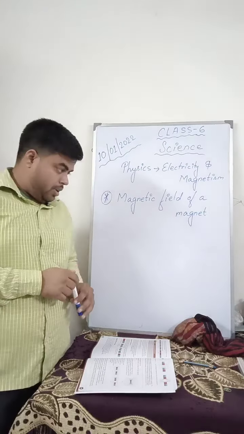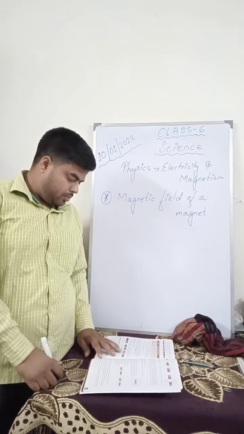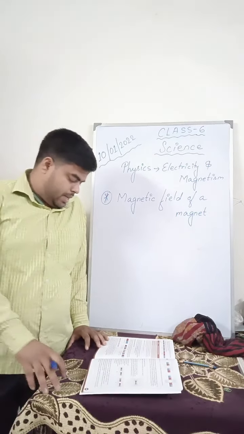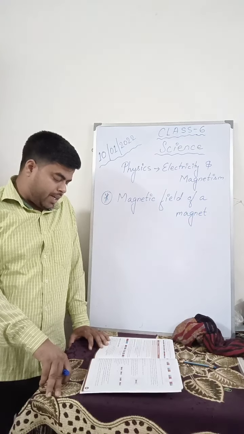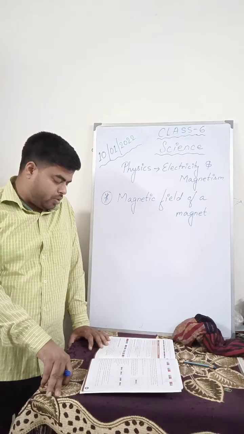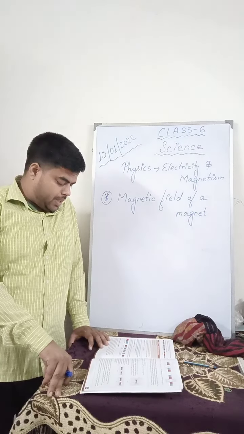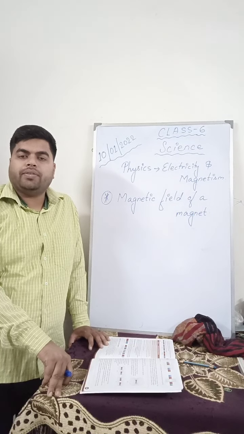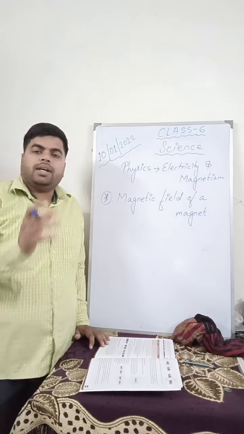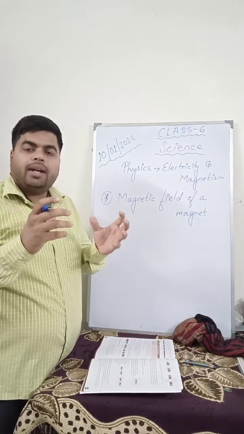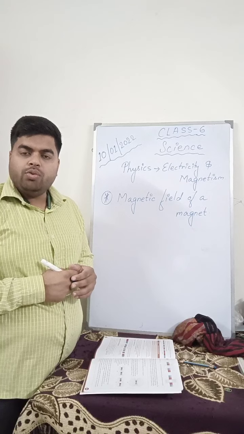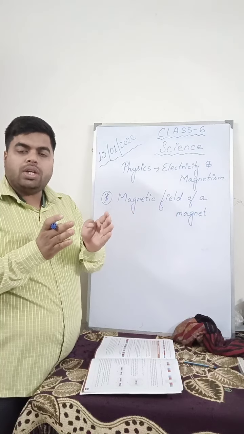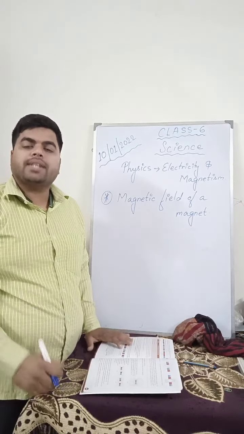Magnetic field of a magnet. The region around a magnet within which a magnetic substance experiences the force of attraction or repulsion is known as its magnetic field. All of you must have seen a magnet, and if you bring near it any iron object or any object which gets attracted by a magnet, you will see that whenever you bring it closer to the magnet, it automatically gets attracted.